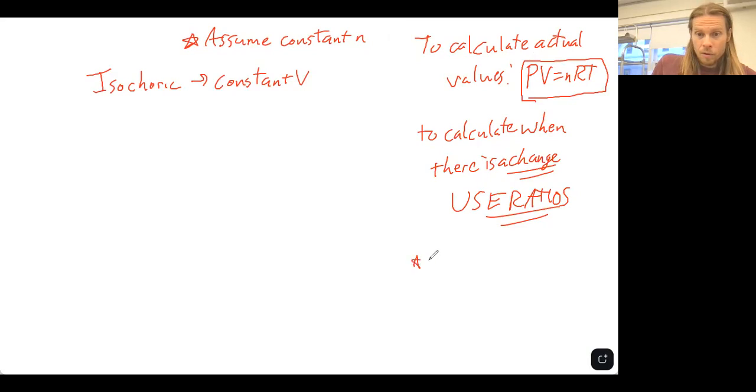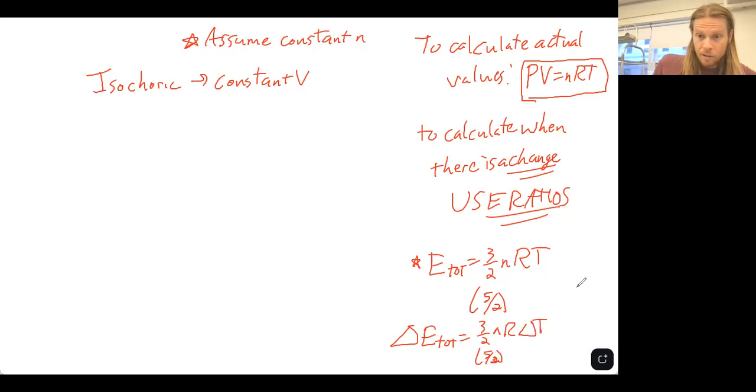And then, of course, E total equals 3/2 or 5/2, careful on which one it is, nRT, which means the change in energy in a gas will be 3/2 or 5/2 nR delta T, right? Where delta T is T2 minus T1.